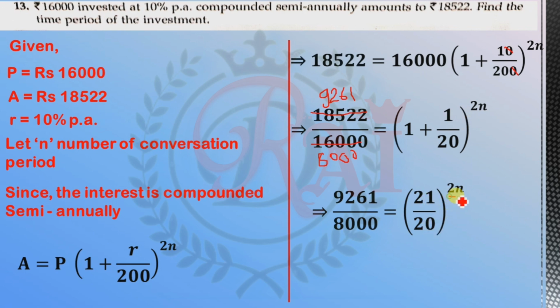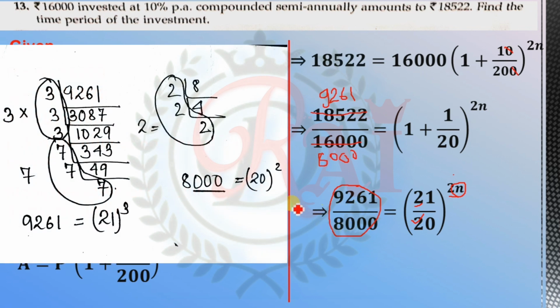Now I need to find the value of n. Now this number 9261 divided by 8,000, we need to convert in terms of 21 and 20. Now here in this case we need to make our base same. When we find the number of conversion periods n, we need to make the base equal. So you can see factorization of 9261 and 8,000 on your left hand side.